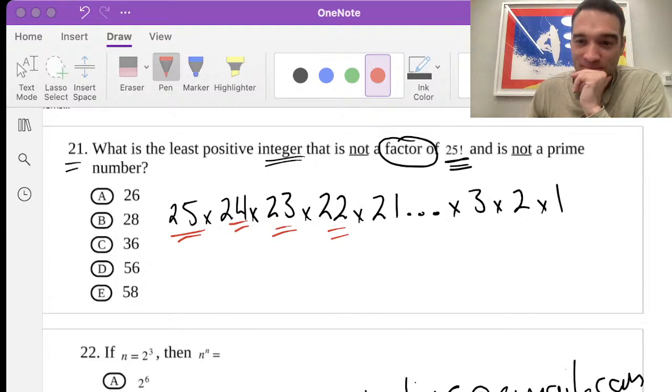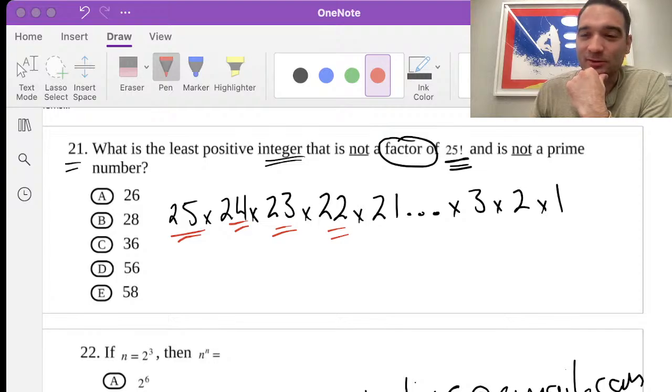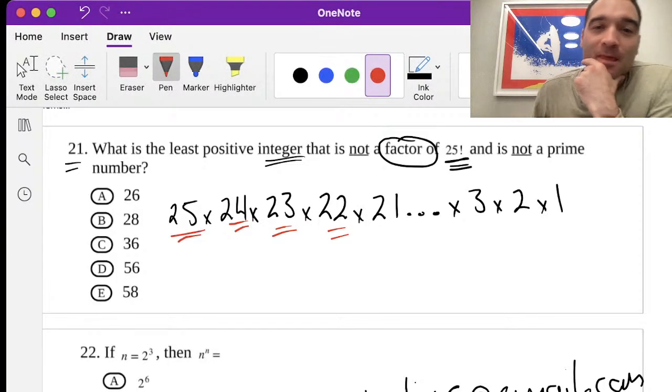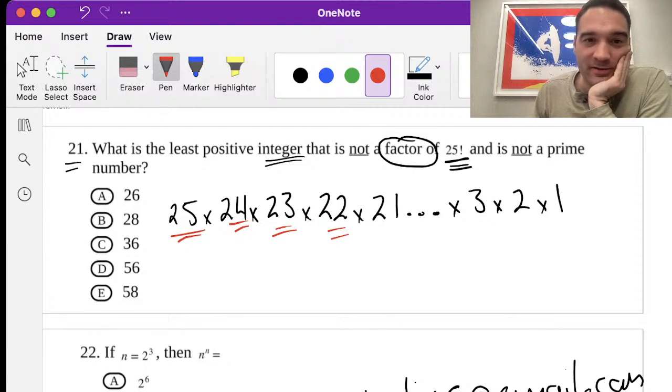Becca, so far so good? There's a little bit of a lag on the stream always. Just want to make sure we're okay. Great. Okay, so every number in here is a factor of 25 factorial.